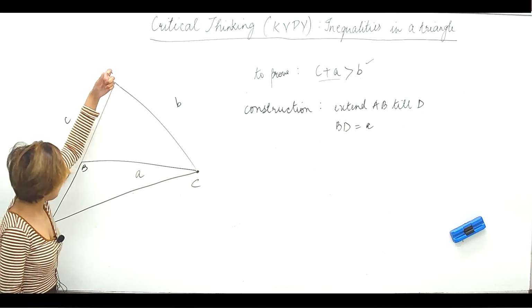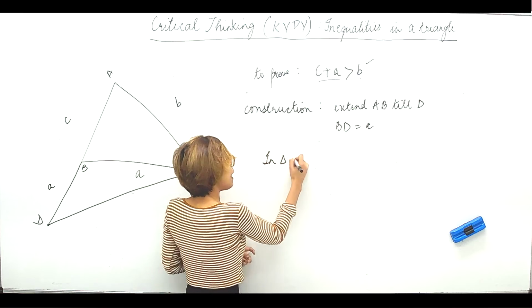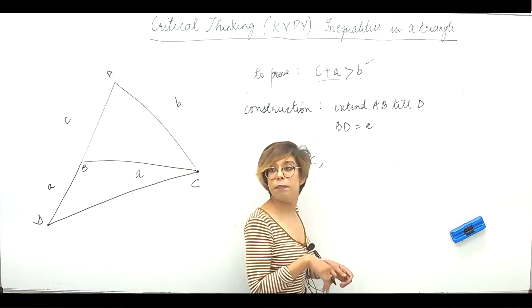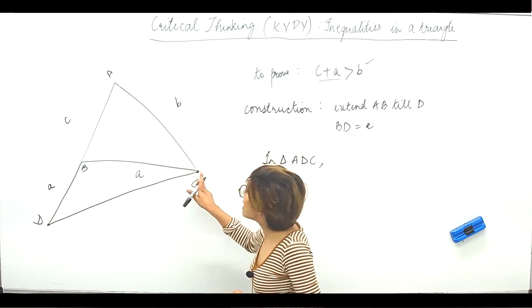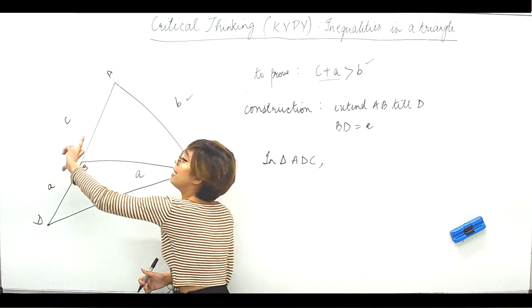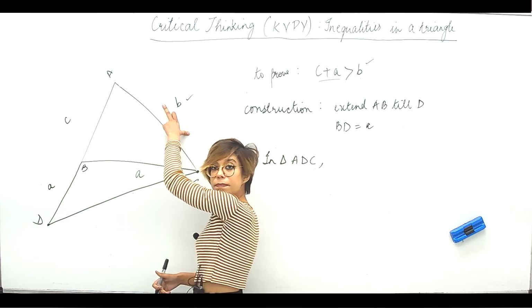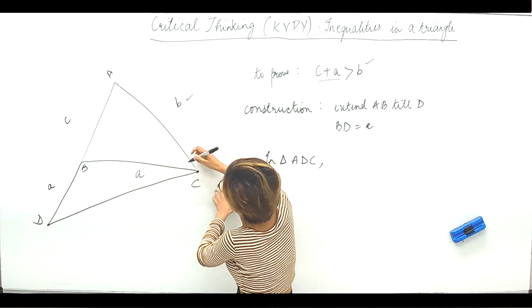Right? In triangle ABC, I'll be working now. Because AD is the side C plus A and AC is the side B. Right? I need to prove that this side is greater than this one. अब इसके opposite angle देखिए, ये वाला angle.